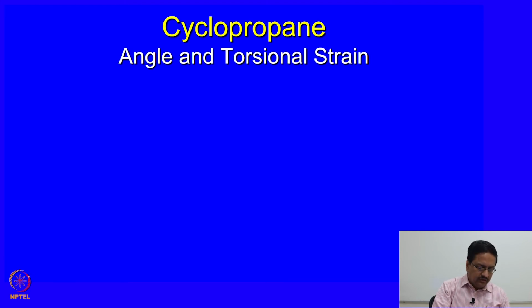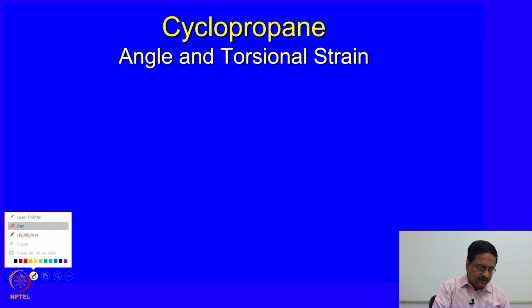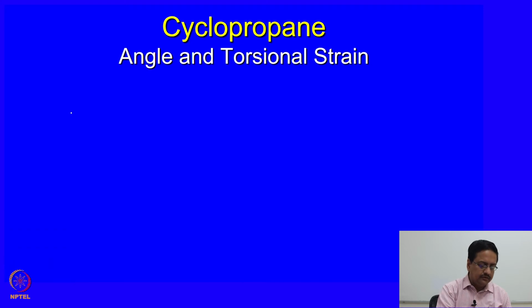What we know about cyclopropane is that the molecule has 3 carbon atoms, and those 3 carbon atoms lie in one plane, and each of them contains hydrogens, making it cyclopropane.